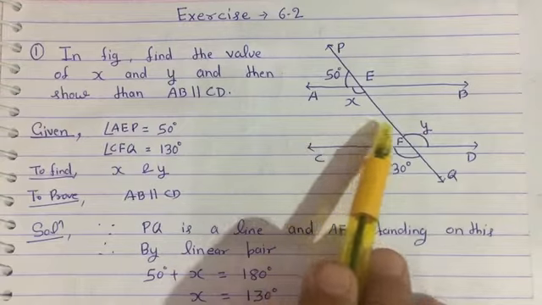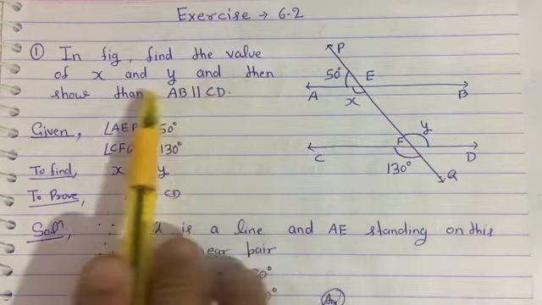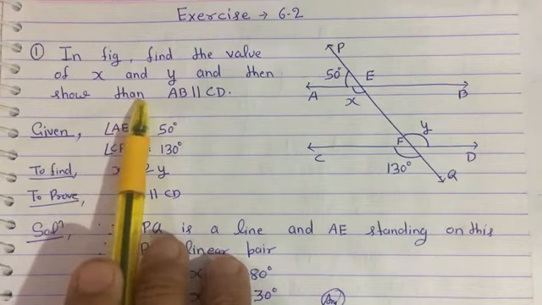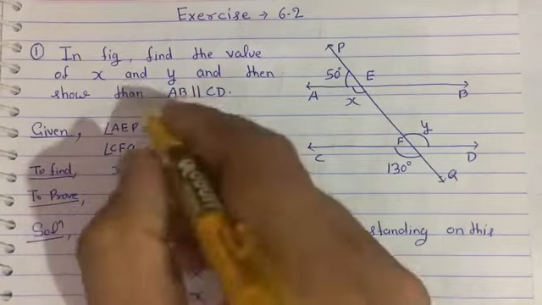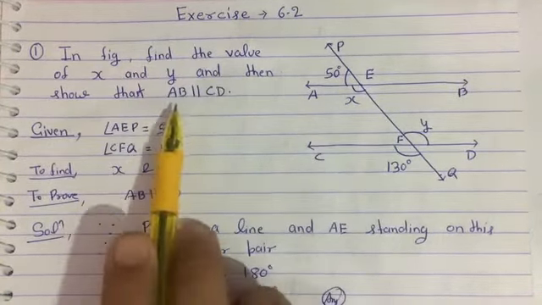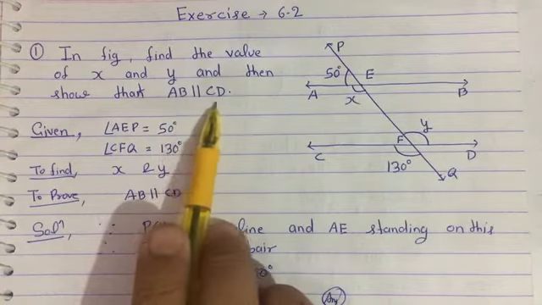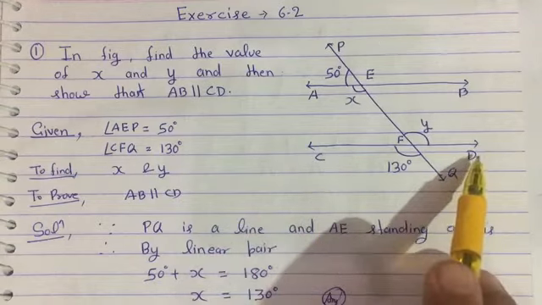This is x and this is y, and then show that AB is parallel to CD. This AB is parallel to CD.